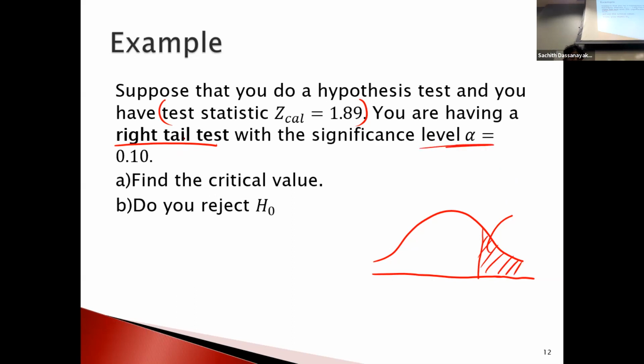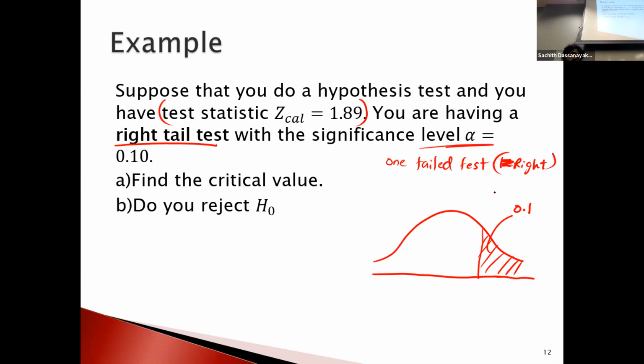Since this is a one tail test, simply right tail, your alpha is 0.1, or this area is 0.1.